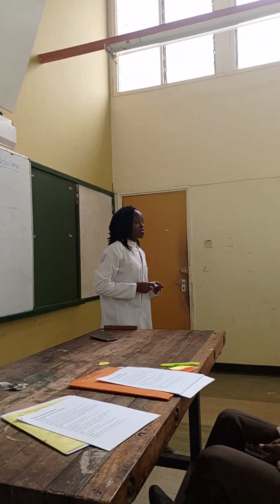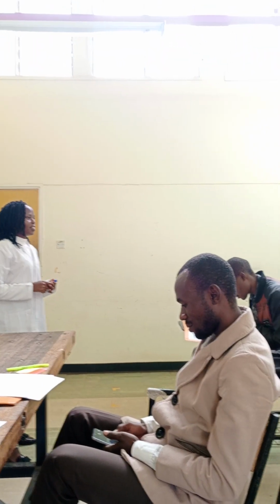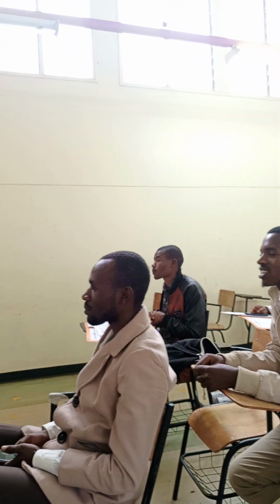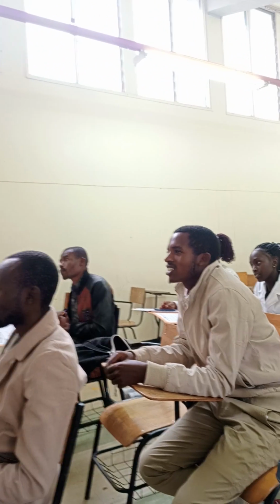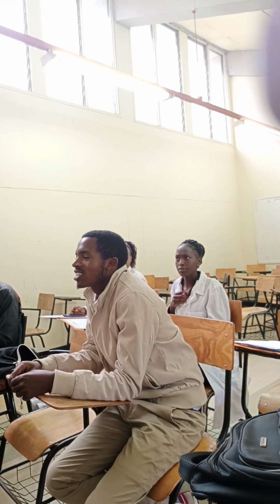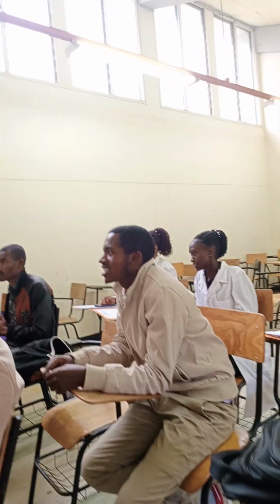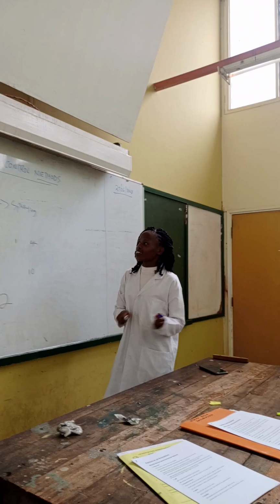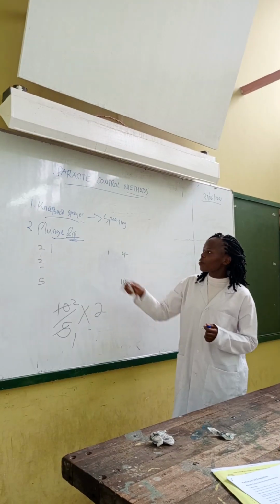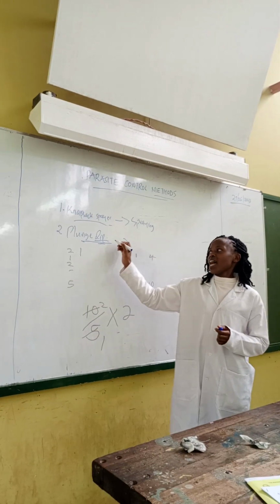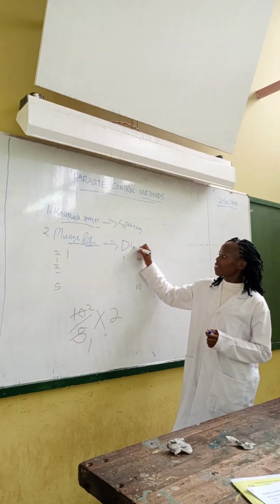When was the last time you saw animals going through the dip? Some are working. Anyone who has witnessed it recently? Which year? 2010. That was the last time. So people have shunned away from dipping. We will know why. A plunge dip is used for dipping.